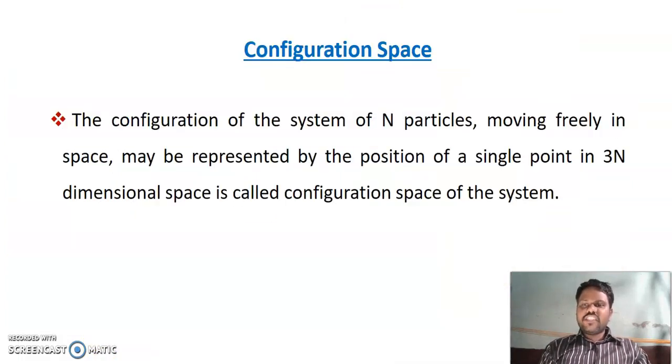Configuration space: the configuration of a system of n particles moving freely in space may be represented by the position of a single point in 3n-dimensional space, known as the configuration space of the system.